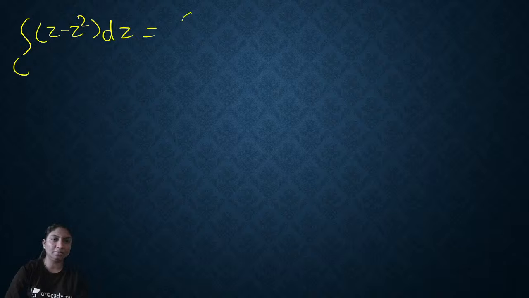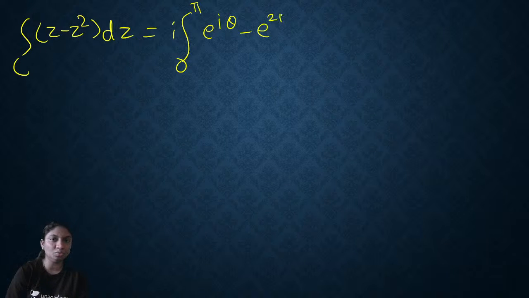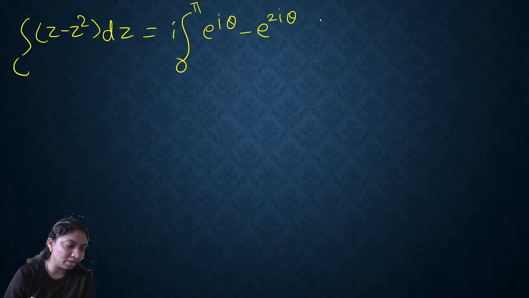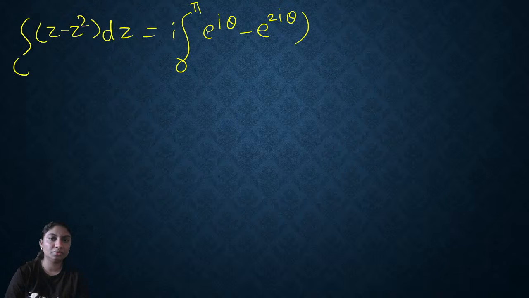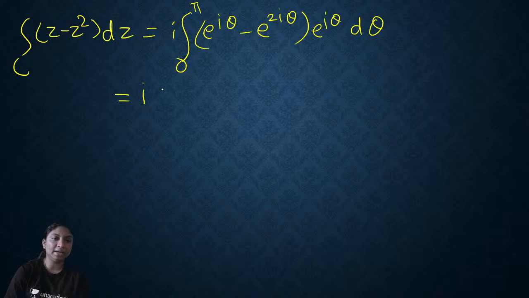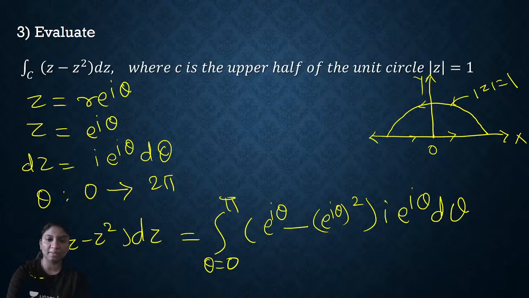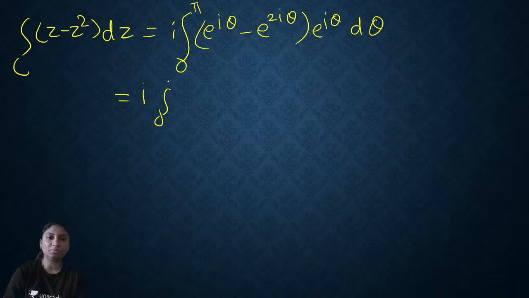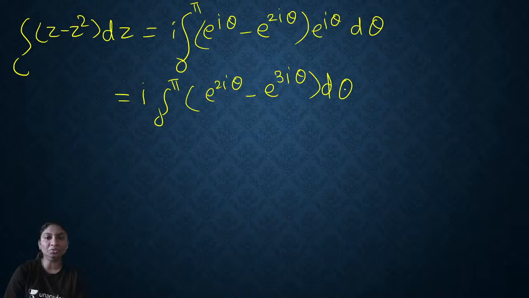So you will get i into the integral from 0 to pi of (e raised to i theta minus e raised to 2i theta) into e raised to i theta d theta. Multiplying by e raised to i theta, we get i into the integral from 0 to pi of (e raised to 2i theta minus e raised to 3i theta) d theta.